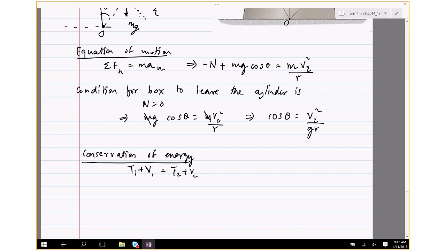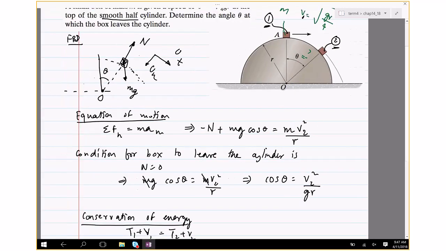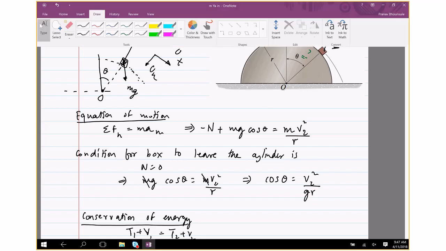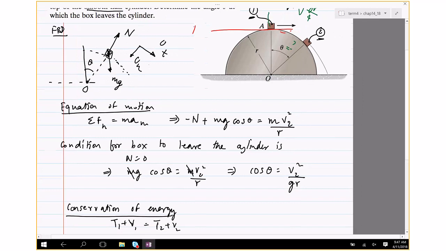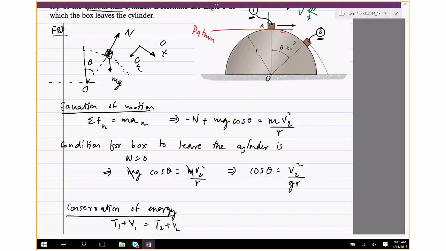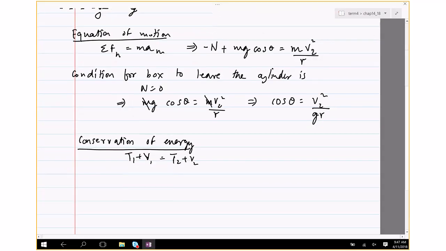In order to find the potential, we need to fix a datum. So really, you have two options. You can put a datum at A or 1, or you could put a datum at 2. I'm just going to put the datum at 1. So let's put the datum here. Which means that I can now write the kinetic energy at 1, which is only due to the particle translating, half m v1 square, we're given v1.